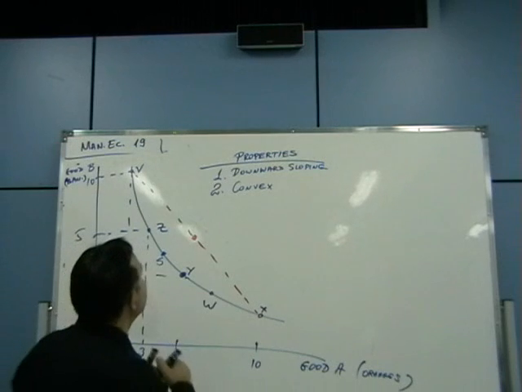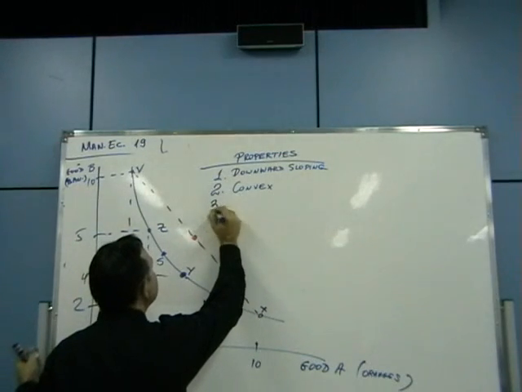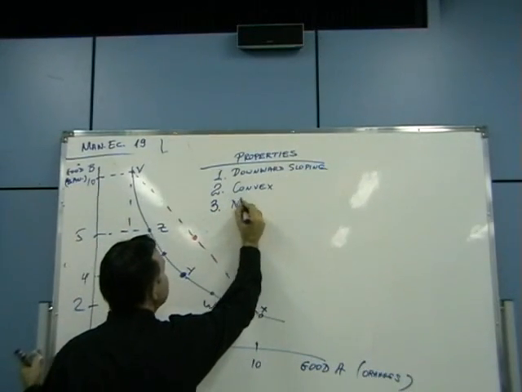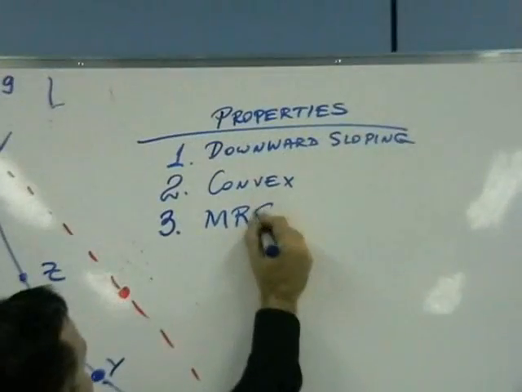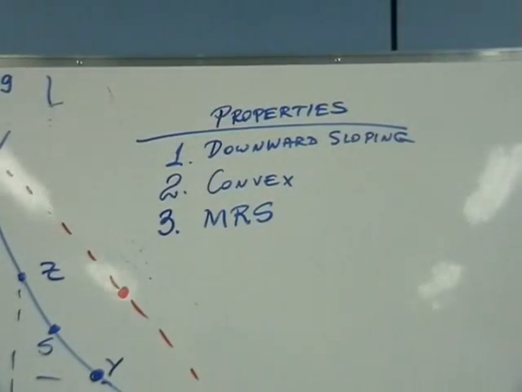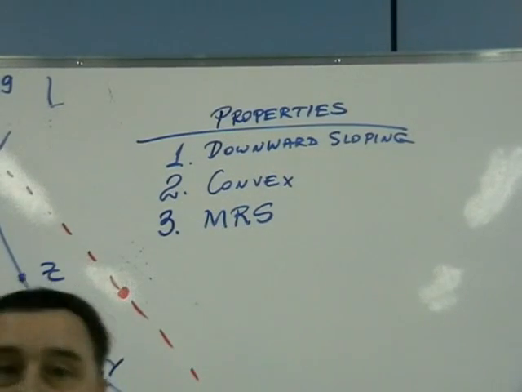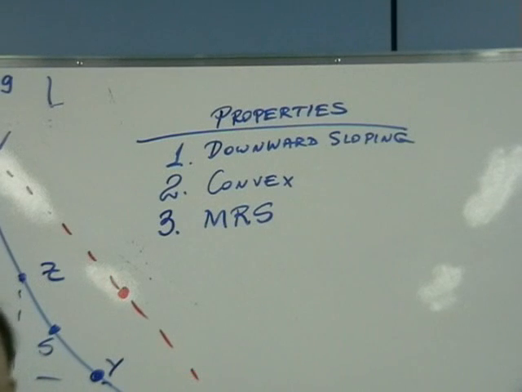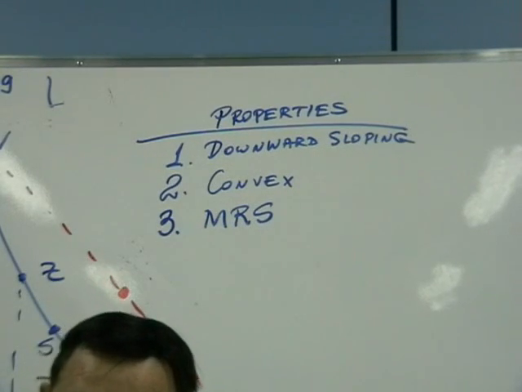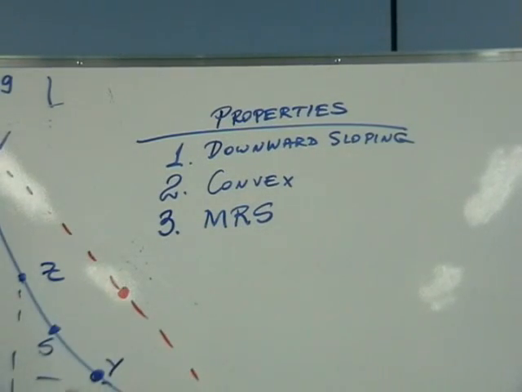Now, number 3, it is not actually a property, but let's just say marginal rate of substitution, MRS. Marginal rate of substitution is a measure of the number of units that we must give up from one good in order to be compensated with one of another.